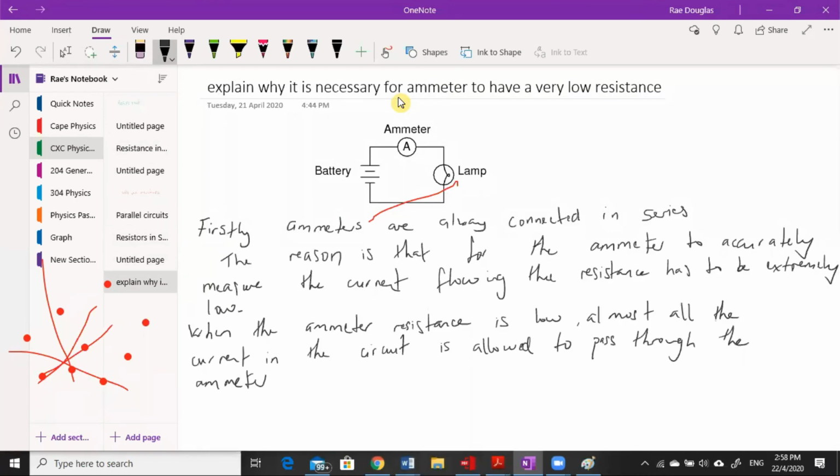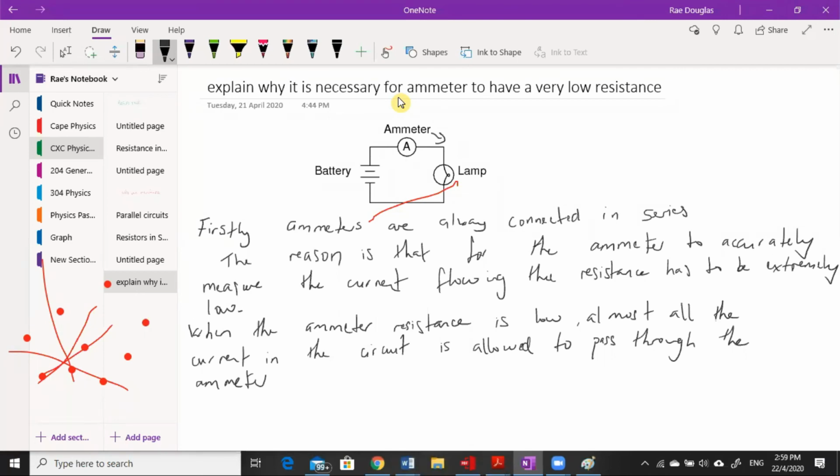So typically in a circuit, we have to connect our ammeter in series at all times in order to get an accurate reading. The reason behind this is that if the ammeter is going to measure your current, it has to be in series, seeing that in a series circuit the current is not divided. That's one. And obviously you need to capture all the current that is flowing there.